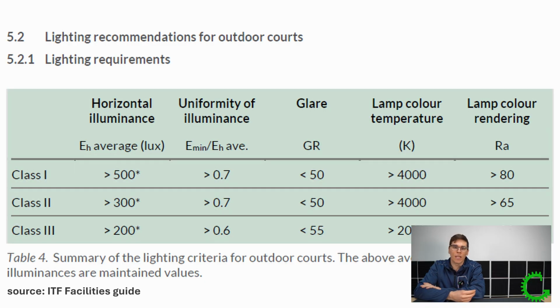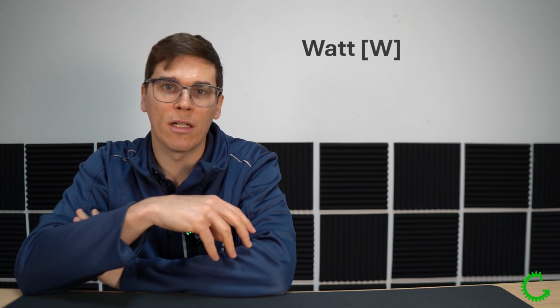Often regulations require a certain illuminance for a particular type of court or pitch. For example, the International Tennis Federation requires for a certain type of tennis court 300 lux, for example, as a mean value.